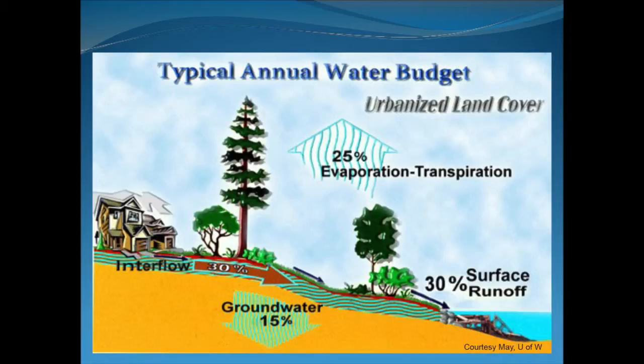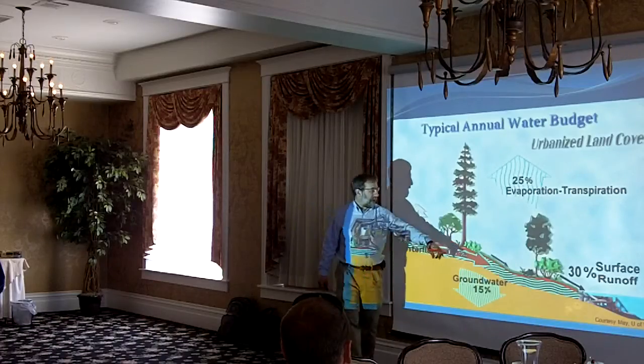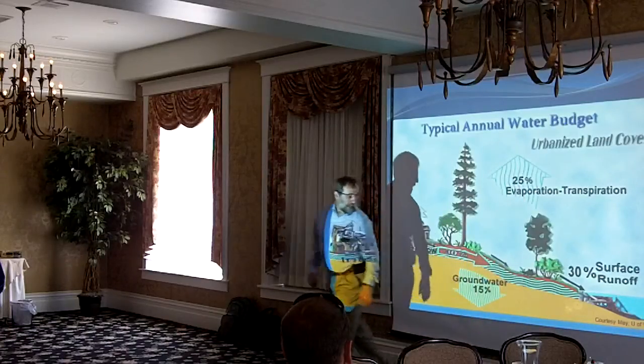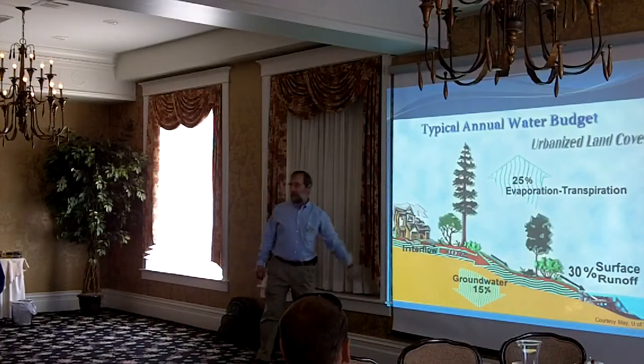You start building, and you change all that. So you have urbanized land cover. This isn't completely urbanized, but it has removed a lot of the vegetation, built some impervious area, and now we've changed it to 25% evapotranspiration, only 15% groundwater contribution, 30% interflow, but the big thing is 30% surface runoff in this particular example.